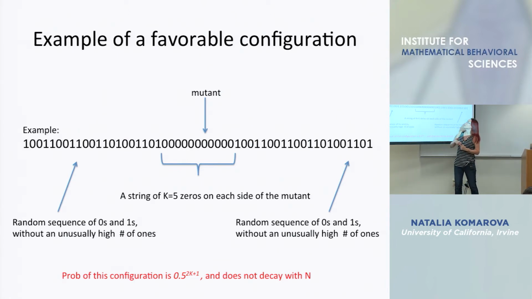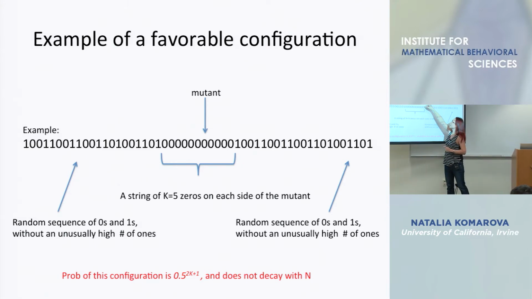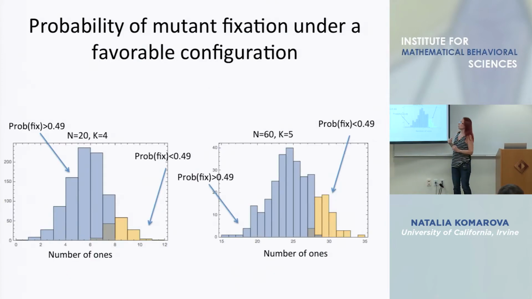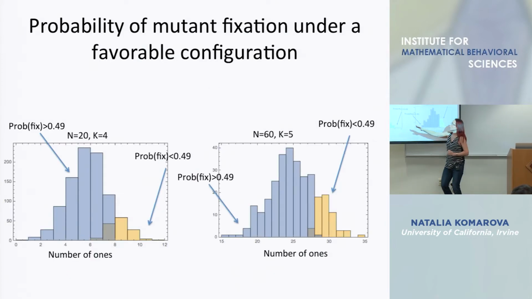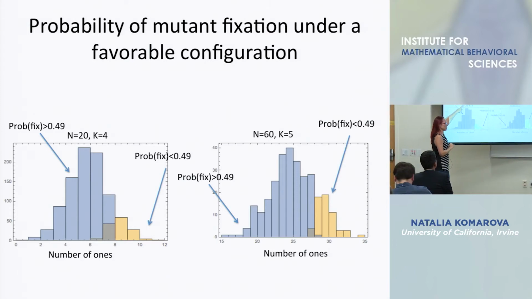In this case, the mutant, if it's placed here, will have a very good chance to win regardless, more or less, of the mutant fitness configuration. So if by chance you have this configuration, you can vary the configuration of mutant fitnesses, and most of the time your probability of fixation is almost 1/2.